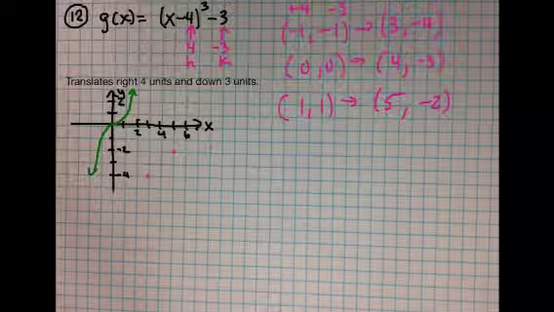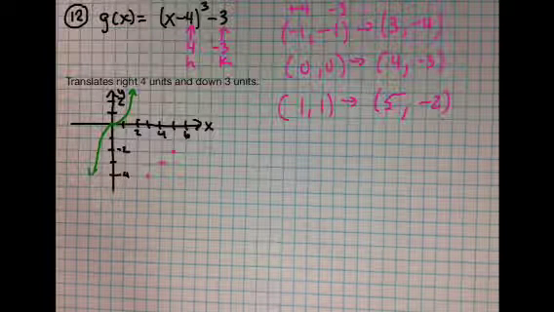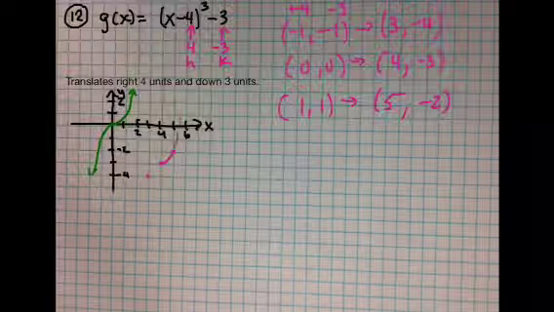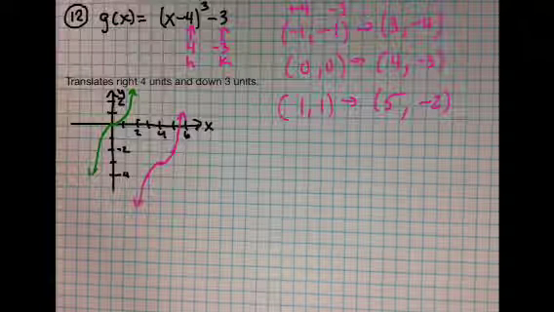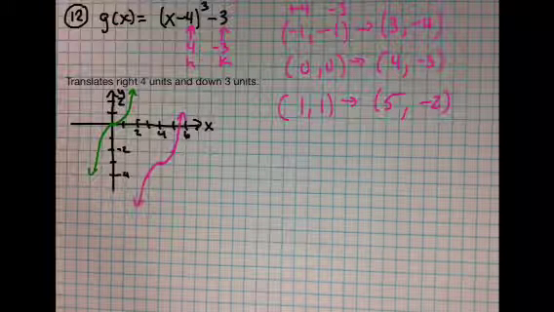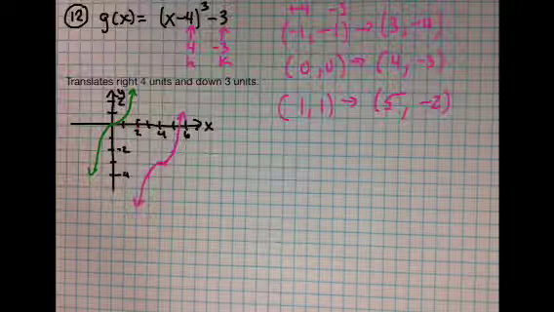It's an x cubed function, so it has the same exact shape as the green function, as x cubed. So curve it, this, and then this curves down like that, something like that. So as you can see, it's the same exact shape as this one, right? Except it went to the right 4 and down 3.